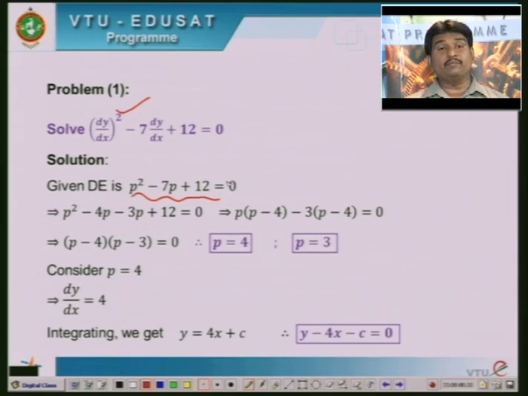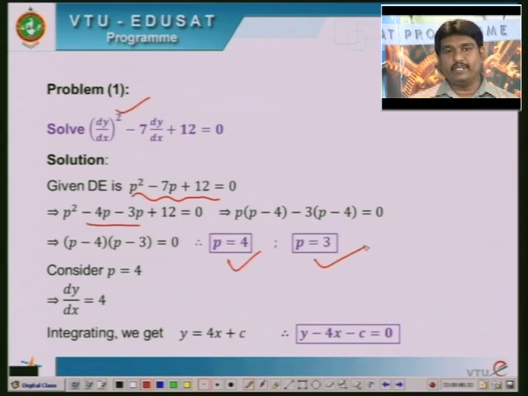You can write minus 7p as minus 4p minus 3p, so that its product is 12p square, and factorize it to get roots p equals 4 and p equals 3. These are dy by dx minus f1 of x y equal to 0 and dy by dx minus f2 of x y equal to 0, two first order first degree differential equations.